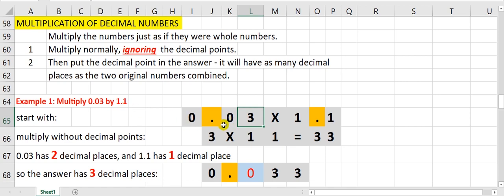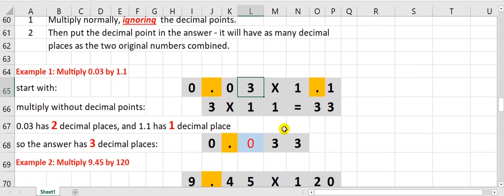We cancel the points and multiply without them. Then after the answer, we put all the decimal places. Okay. So as we said before, ignore the decimal place.